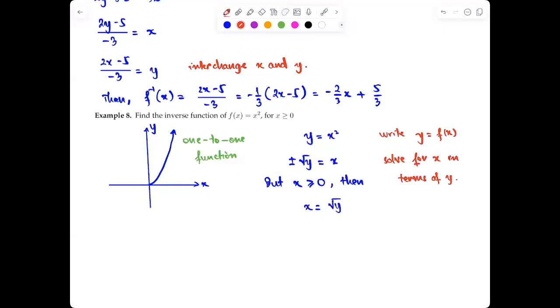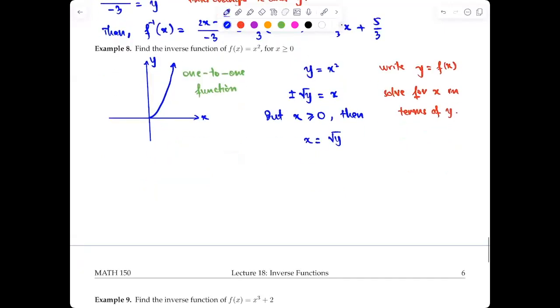Now the next step is to interchange x and y. Right, so x becomes y, y becomes x. So here you write y equal to square root of x. And you interchange x and y. And that is the inverse function that you're looking for.